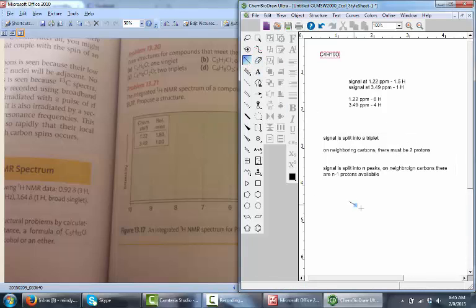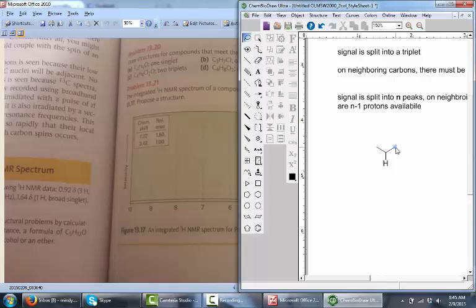And again, just to review, what I mean by neighboring carbons is, if I'm looking at a proton here, for example, I mean how many protons are on this carbon, or here, let's put another carbon in, or that carbon. That's how I'm defining neighboring carbons, and the number of protons on all of these neighboring carbons together are going to contribute to the splitting of this particular proton.